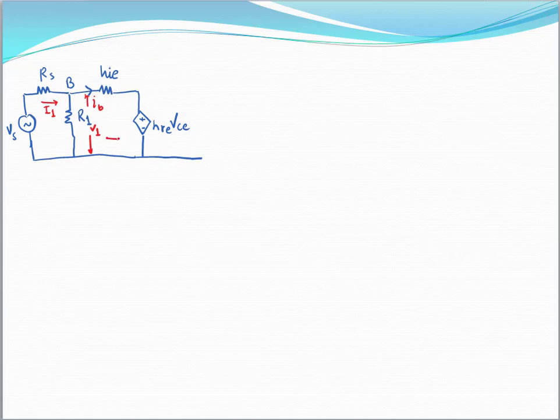So the input resistance obtained at this part will be Ri, and the input resistance obtained at this will be Ri dash, that we have to find out. Let's do the output port.